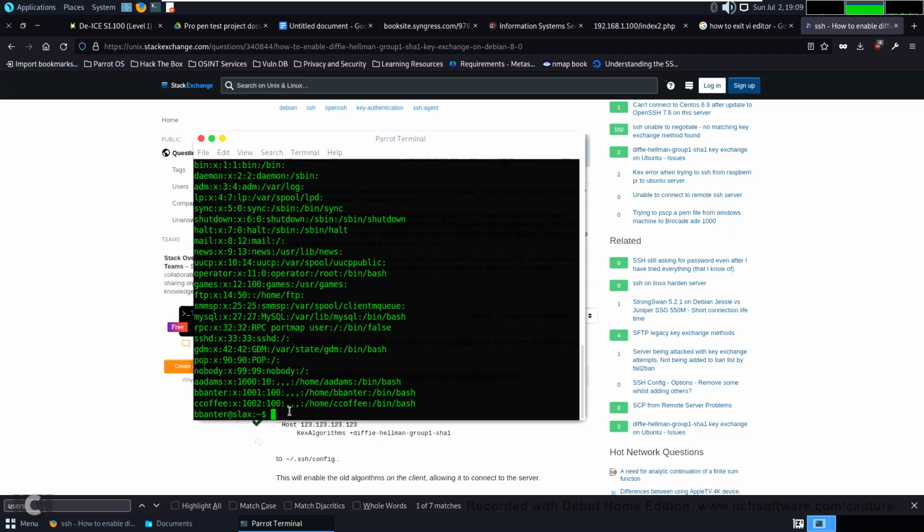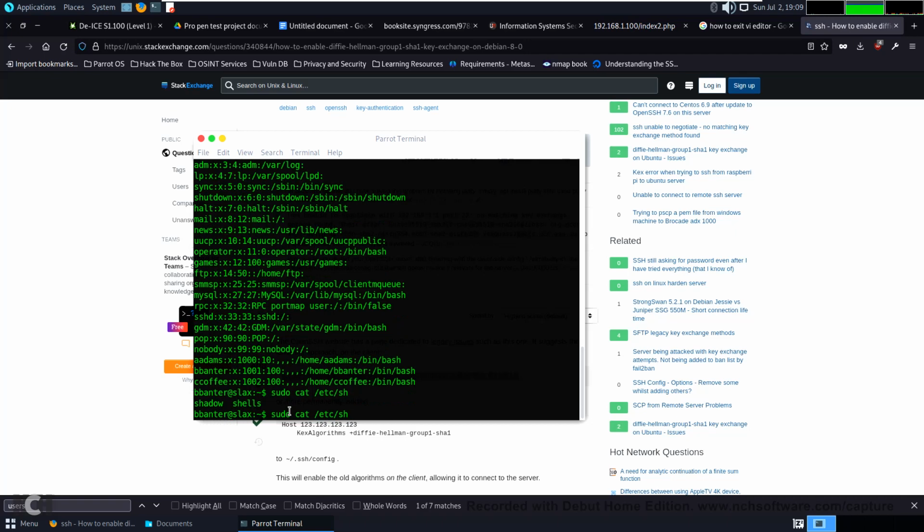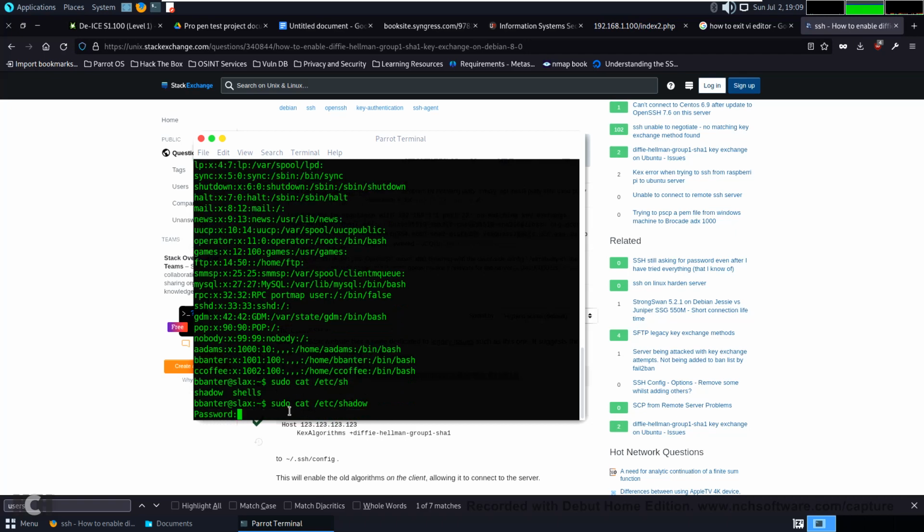Okay, now permission denied for, well, let's just do this. sudo cat /etc/shadow. Password.